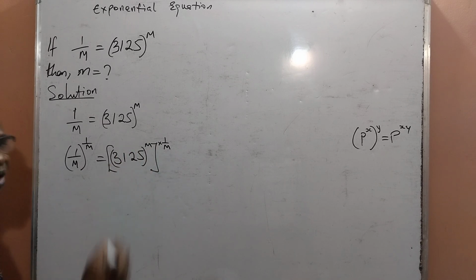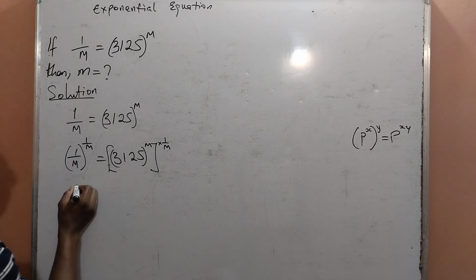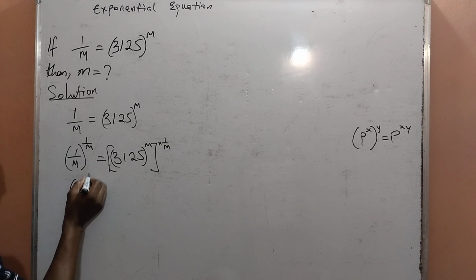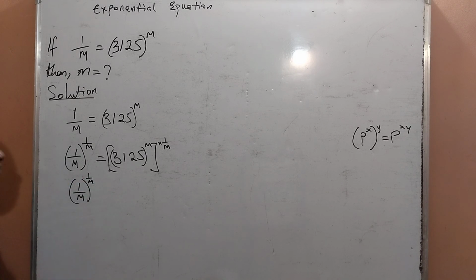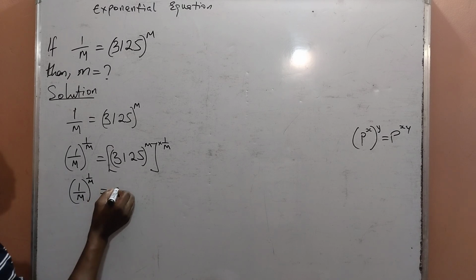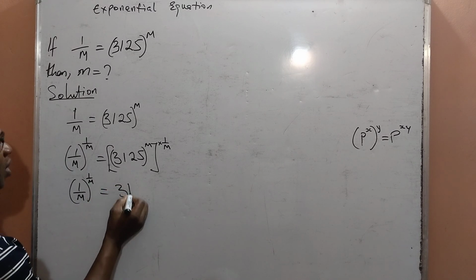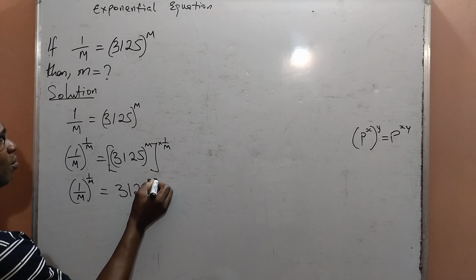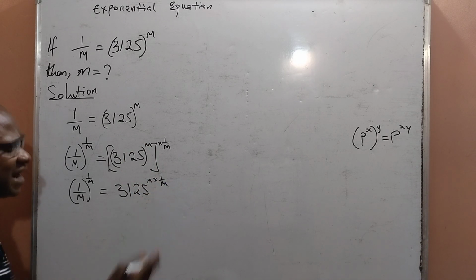I will apply it to the right hand side, and that will give me 1 all over n raised to power 1 over n, equal to 3,125 raised to power n multiplied by 1 all over n.